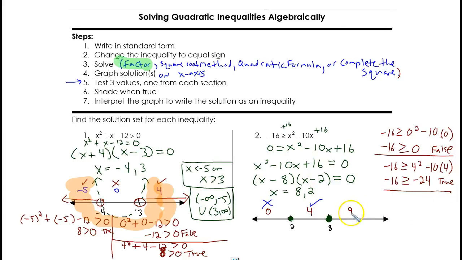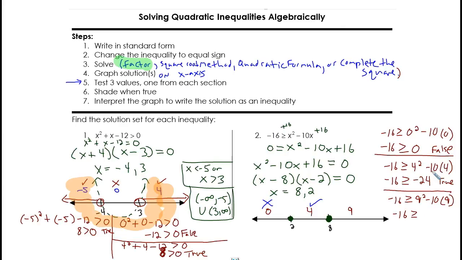When we test the number on the right, negative 16 greater than or equal to 9 squared minus 10 times 9. The question is, is this a true statement? Well, let's do it. 9 squared is 81, and that's 81 minus 90 when you multiply those.